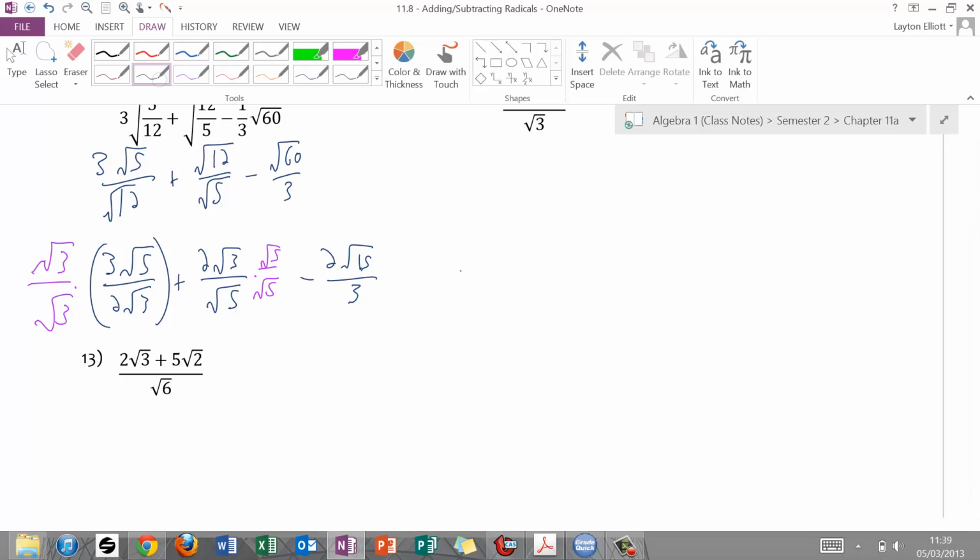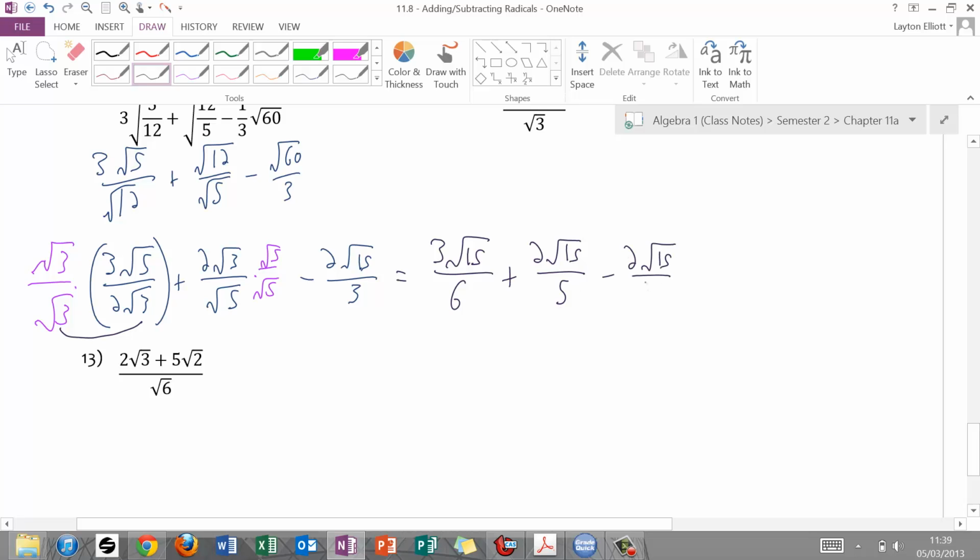So I end up with 3 radical 15 over, this denominator would be radical 3 times 3 is 3, times the 2 is 6, plus, then I have 2 radical 15 over 5, minus, and I still have 2 radical 15 over 3. Should be able to look at the 3 and the 6 and cancel those, so we get radical 15 over 2 plus 2 radical 15 over 5 minus 2 radical 15 over 3.